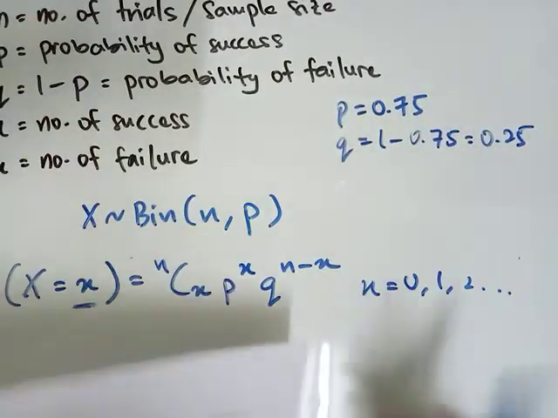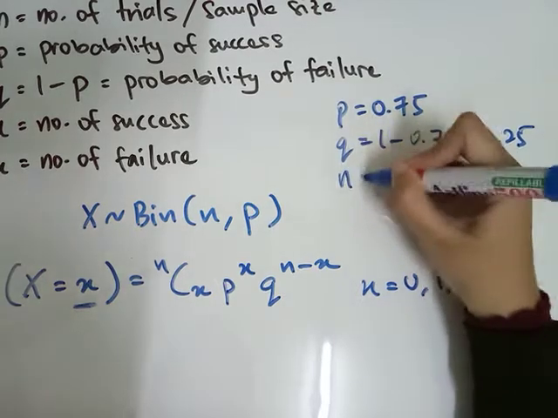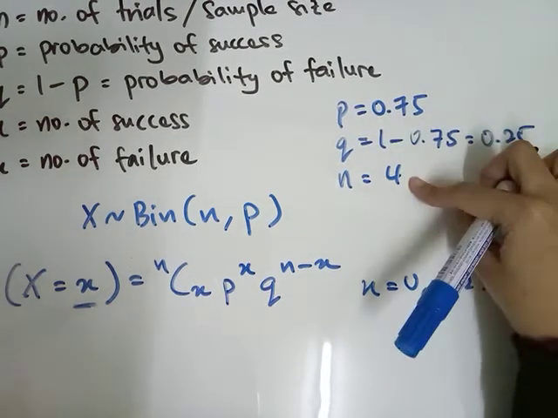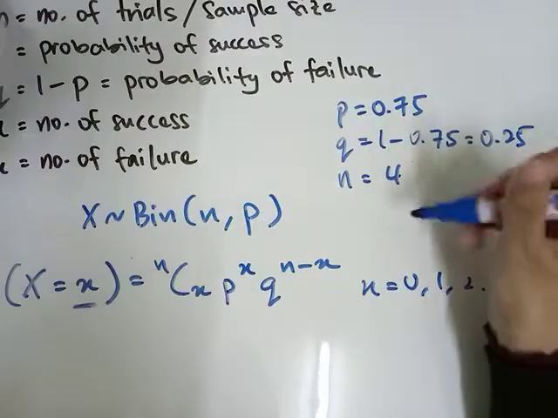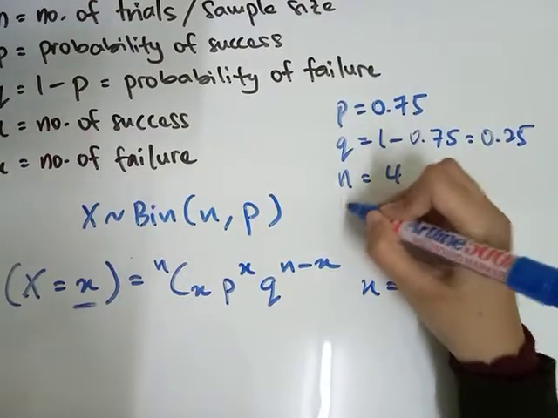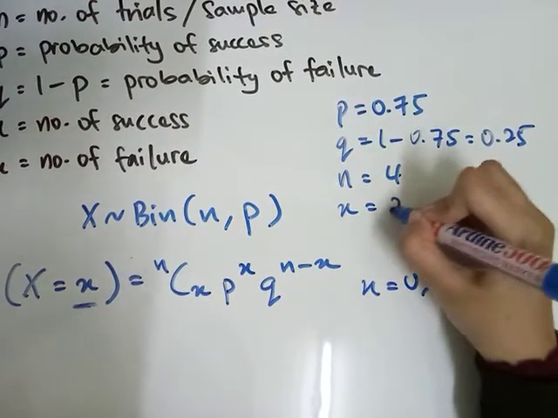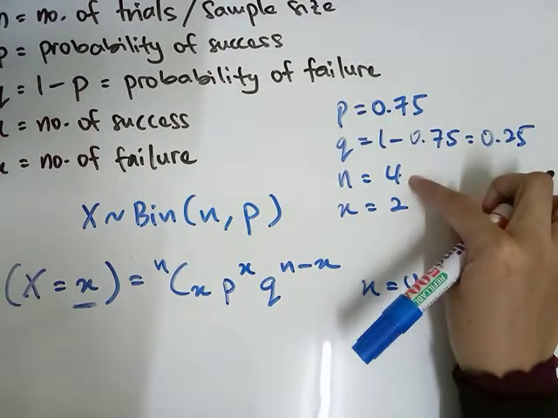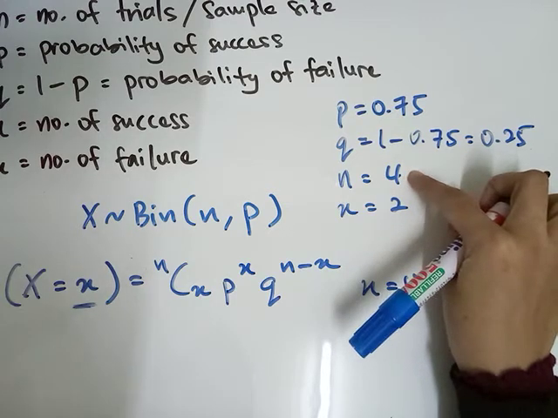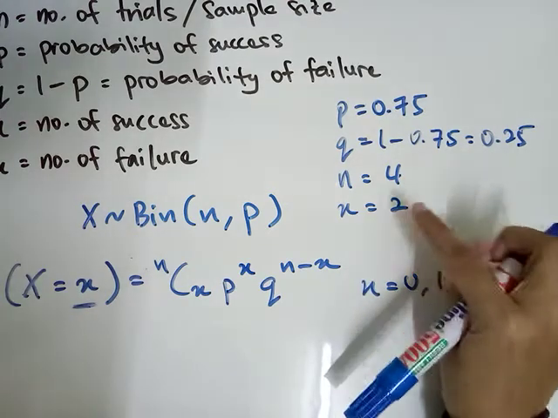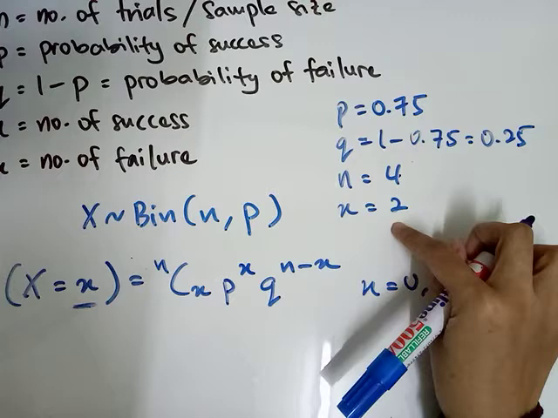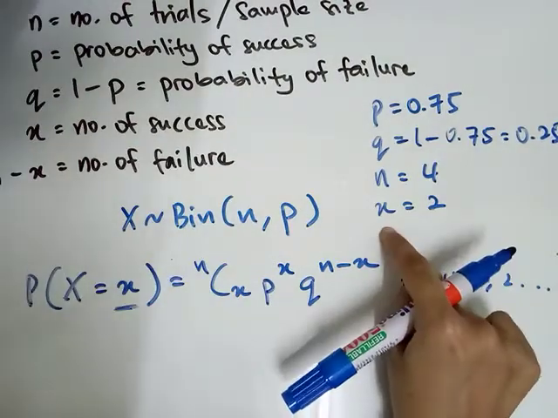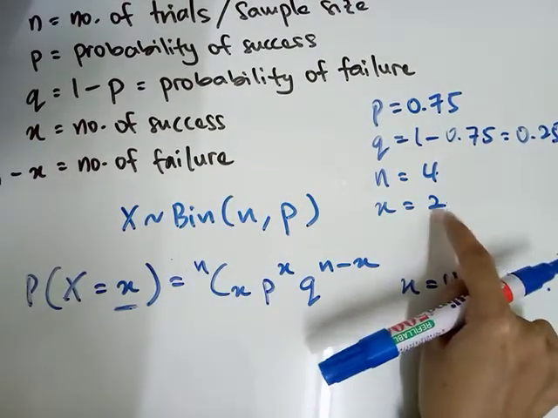That means 4 tu adalah the sample size dia, and 2 tu adalah dia punya number of success from the experiment. Okay, 2 yang survive. So we need to find the probability of the number of successes, which is 2.